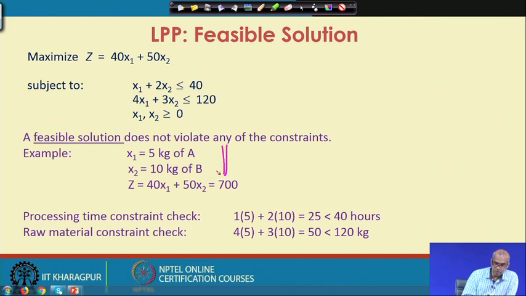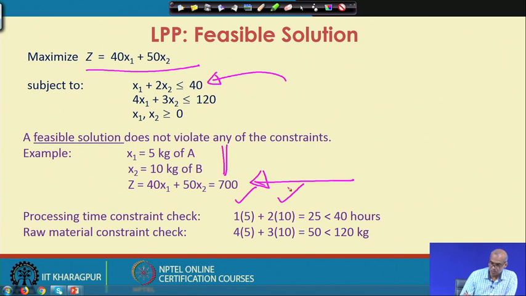For x 1 equal to 5 and x 2 equal to 10, the objective function is computed as 700. Now, you first put these values in this expression. It gives x 1 plus 2 x 2 as 25, which is less than 40. So, this is satisfied.